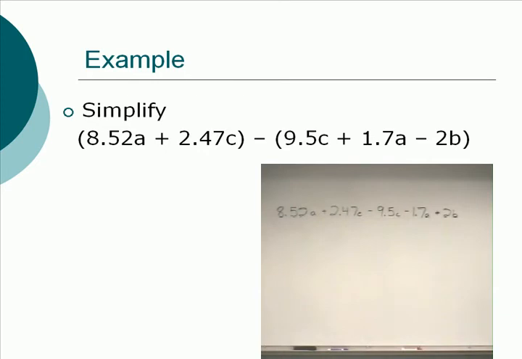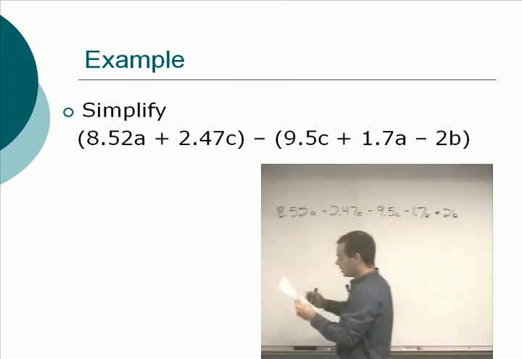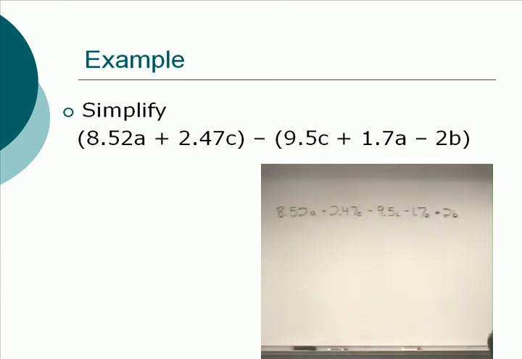If we do that, our a terms, you get 8.52 minus 1.7a. Regarding sig digs, usually when doing algebra, you treat coefficients as exact values. And so you can pretty safely assume that when we're doing algebra, which is the next couple of weeks here, we're just going to work on algebra, linear equations, different types of functions, we're going to assume that all the coefficients are exact values.